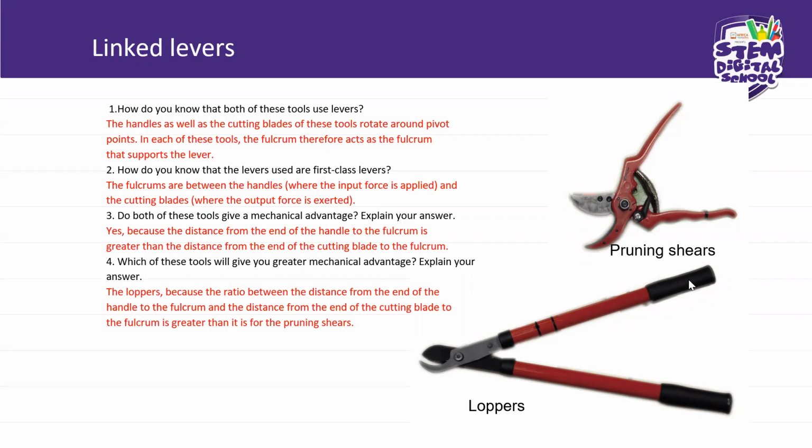Because of the input distance. The input distance allows the force to be multiplied in the output. So that's mechanical advantage. But distance advantage would be different. You would have a longer output arm.